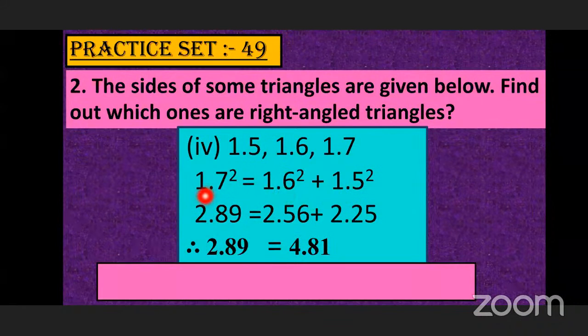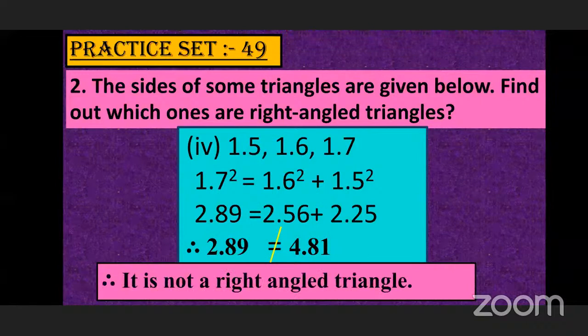The square of 1.7 is 2.89. The square of 1.6 is 2.56. And the square of 1.5 is 2.25. So the left hand side is not equal to the right hand side. Therefore, it is not making a right angle triangle.